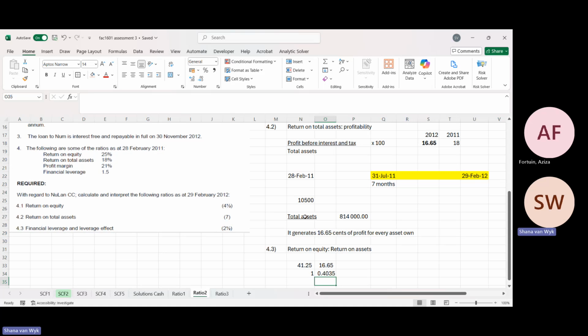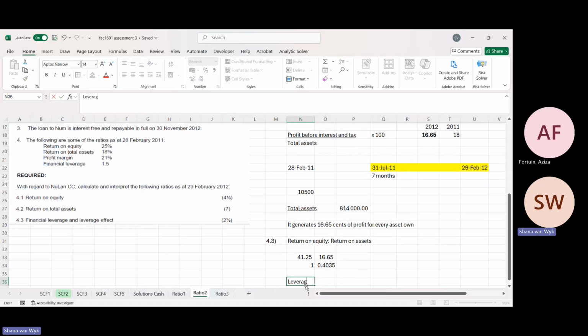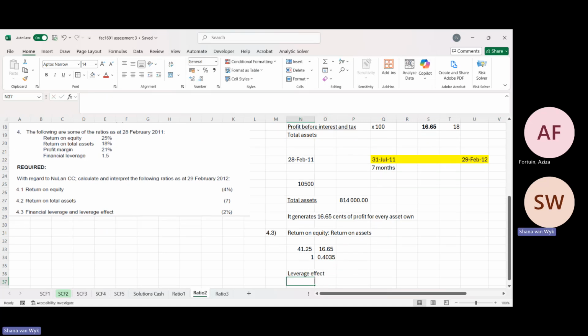Oh, so this is financial leverage. The leverage effect is return on equity less return on assets.